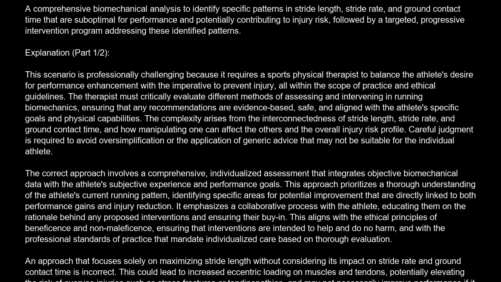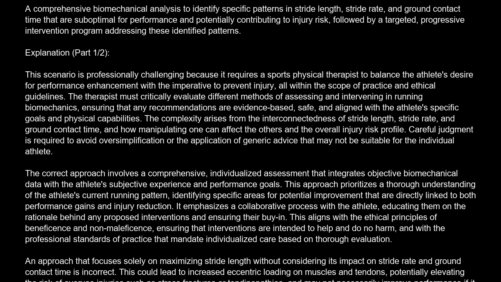Correct answer is C. A comprehensive biomechanical analysis to identify specific patterns in stride length, stride rate, and ground contact time that are suboptimal for performance and potentially contributing to injury risk, followed by a targeted, progressive intervention program addressing these identified patterns.